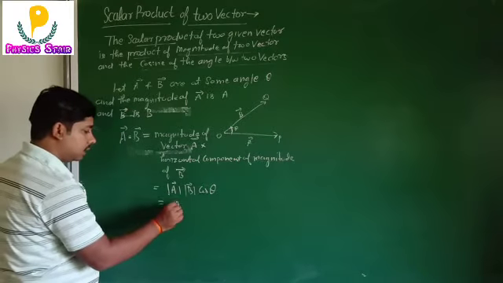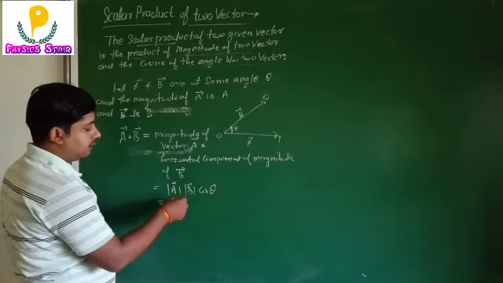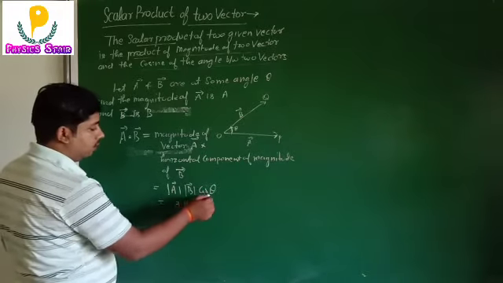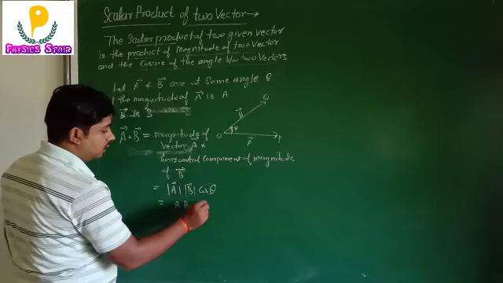So we can write this in a simple way, because magnitude of vector A is A with magnitude of vector B cos theta.